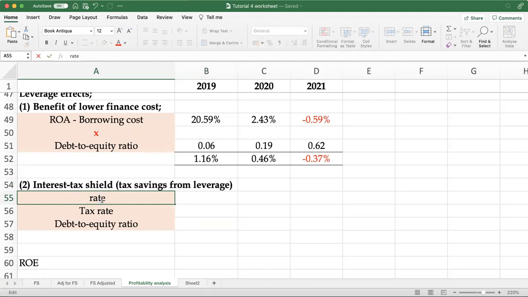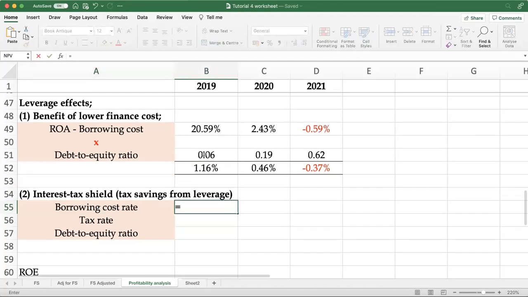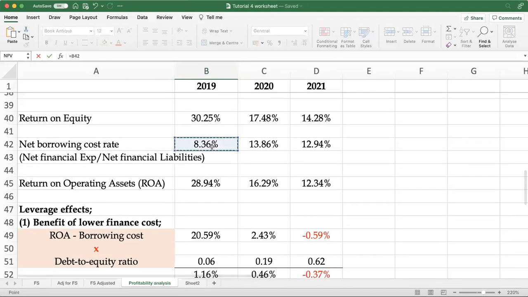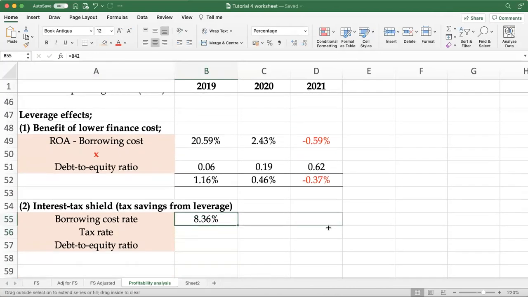So you can say interest rate or borrowing cost rate. We have calculated it, so you can link the values. We got the borrowing cost rate here.